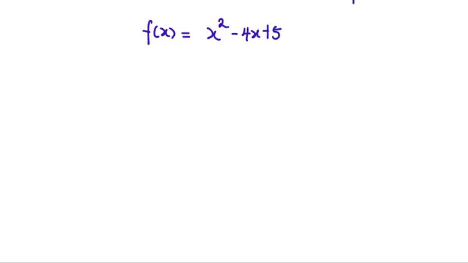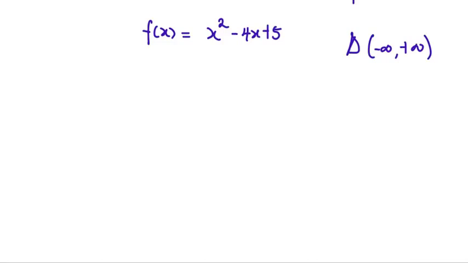So this is a polynomial. Just like I told you guys, the domain is still all real numbers. So it's going to be from negative infinity to positive infinity. Then we're going to find the range. So we need the vertex of this function.